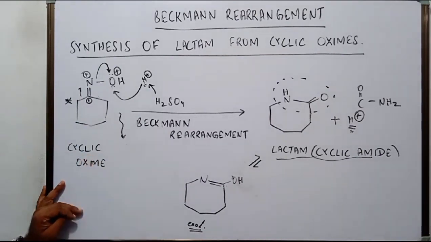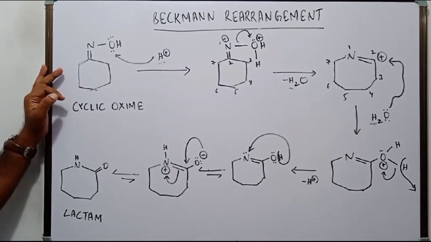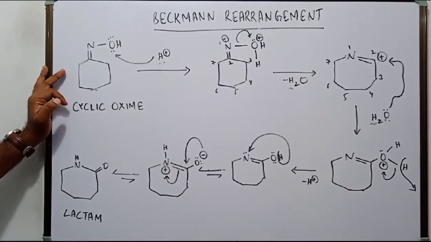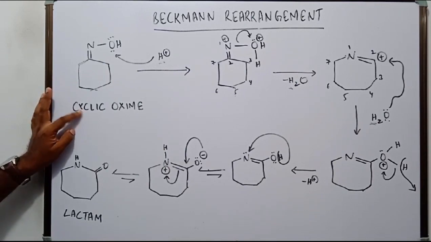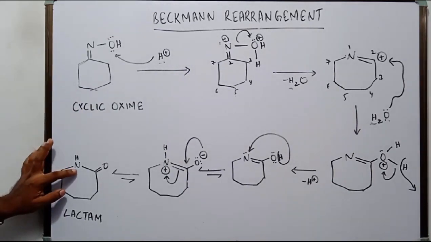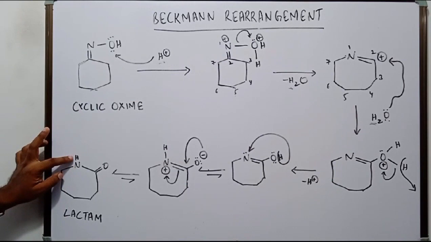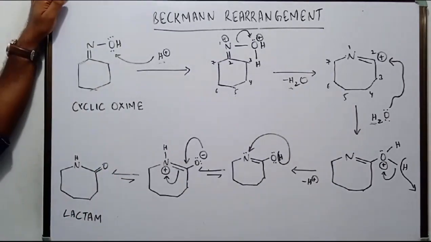To understand this reaction better, let us look at the mechanism. Let us now look at the mechanism of Beckmann rearrangement. This is our raw material, the reactant cyclic oxime, and this is our product lactam. If you look at our product, the nitrogen here is substituted with hydrogen, while here the nitrogen is substituted with OH.